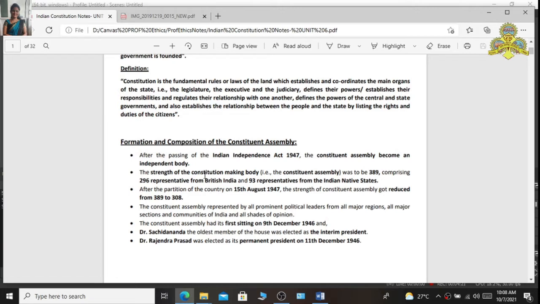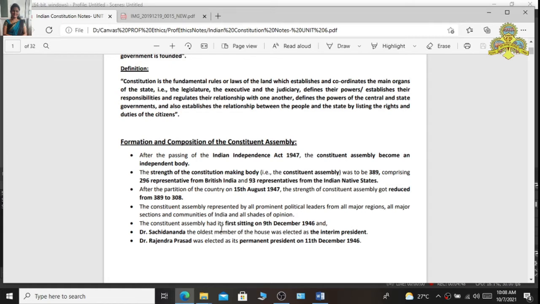This 389 contains 296 representatives from British India and 93 representatives from Indian native states. After the partition of the country on 15th August 1947, the strength of the Constituent Assembly got reduced from 389 to 308.